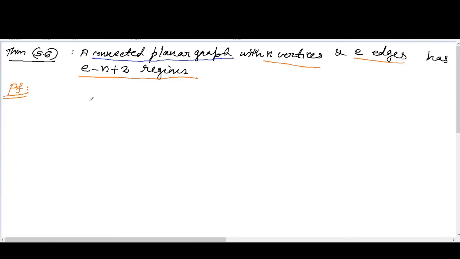We can also remove all edges that do not form the boundaries of any region. For example, consider the following graph.